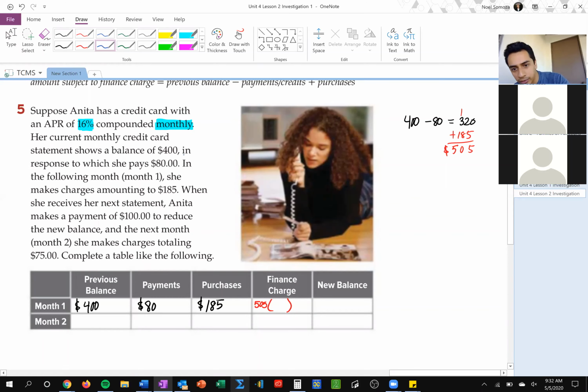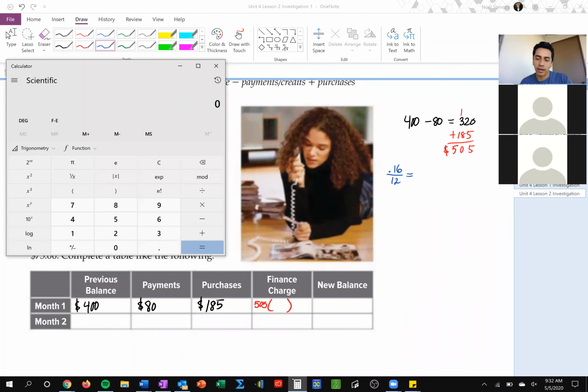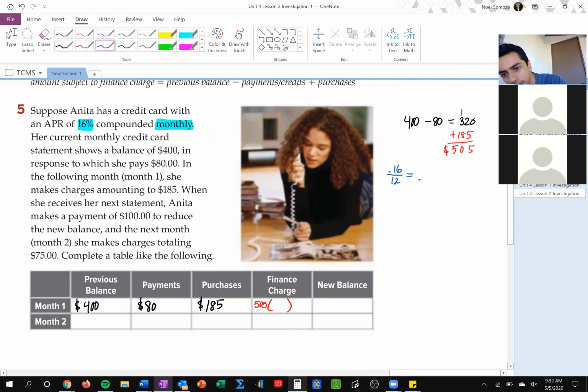What we're looking at is 0.16 divided by 12, and that should tell us what monthly percentage she's paying on her balances. So 0.16 over 12 is 0.01333. We'll leave it like that for now. Hopefully that's good enough to round it to something somewhat accurate.